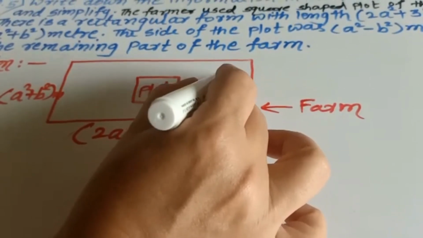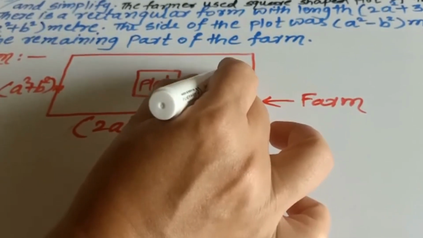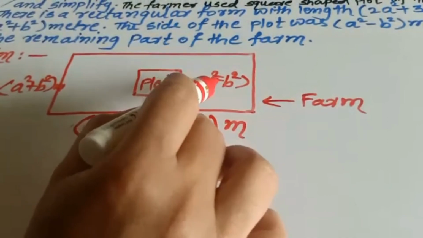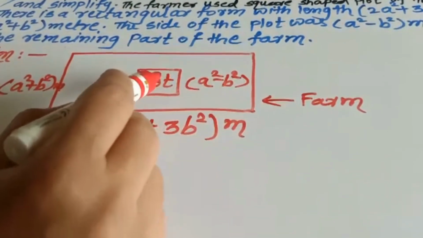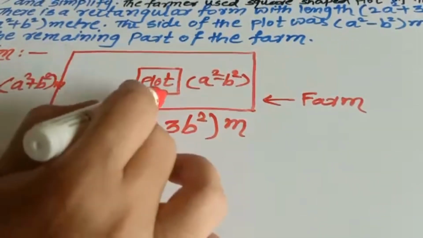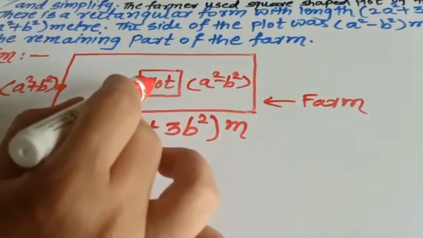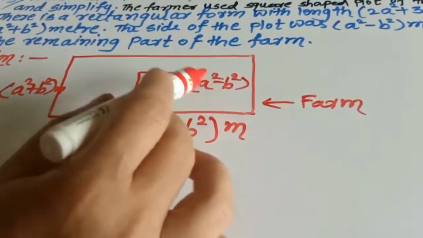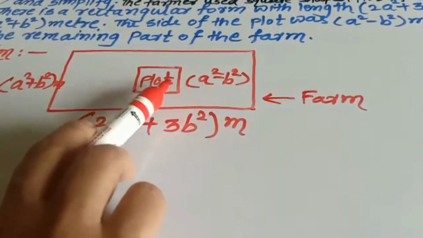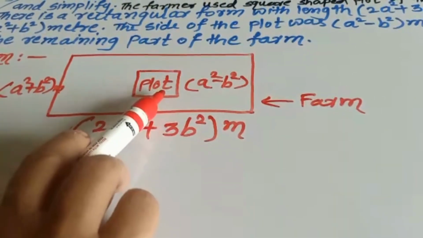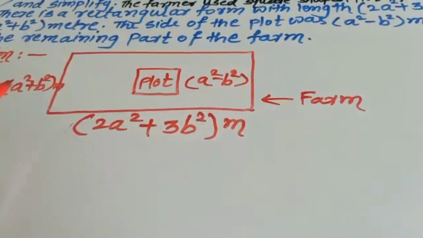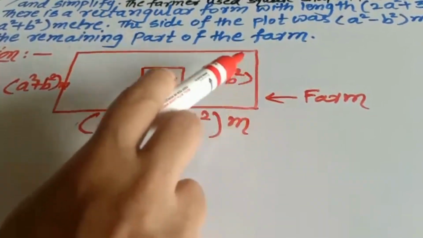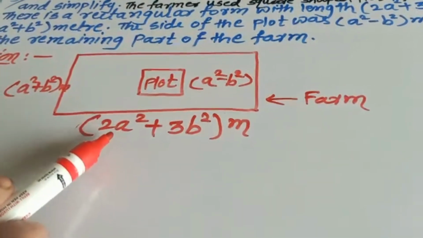If one side of that square shaped plot is a square minus b square, then the length of the three remaining sides of that plot is also a square minus b square. Okay, so we have the side of the square shaped plot, so easily we can find its area, and we also have the length and breadth of that rectangular shaped farm.